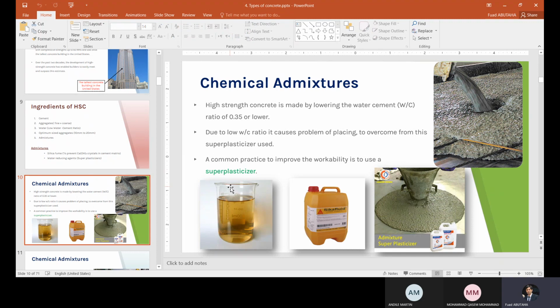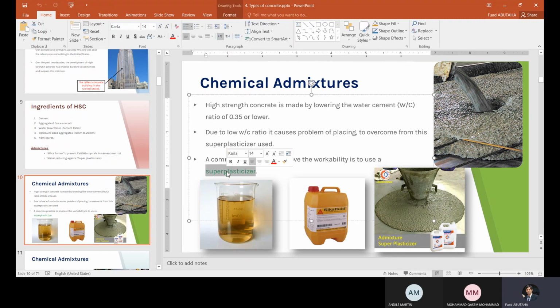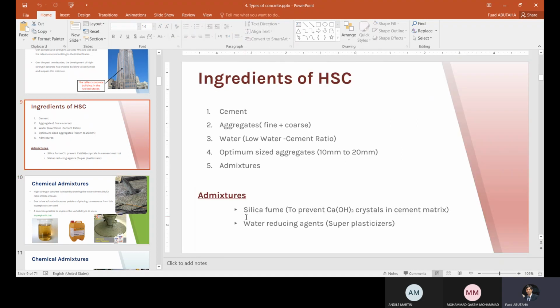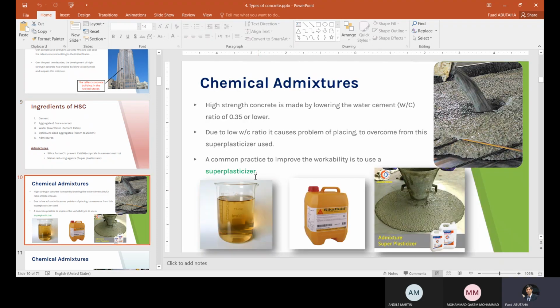This is the most common and must be used in designing high strength concrete, super plasticizer. This is one of the chemical admixtures. We have thousands of chemical admixtures. It's not only super plasticizer, but super plasticizer here must be used in production of high strength concrete. The other chemical admixtures have other functions, other purposes to be used in the concrete.